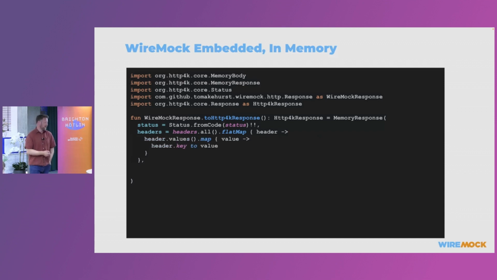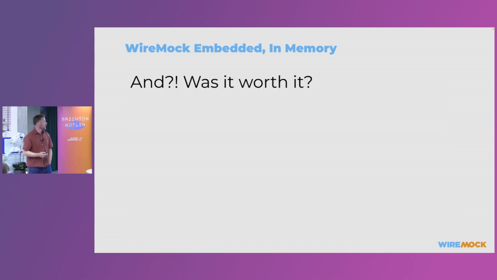So all we have to do is flat map and stick it together. We convert the body just by passing the byte array straight across, and we have to hard code the version because at the moment WireMock won't let you set that. And at that point, our tests all pass in exactly the same way.